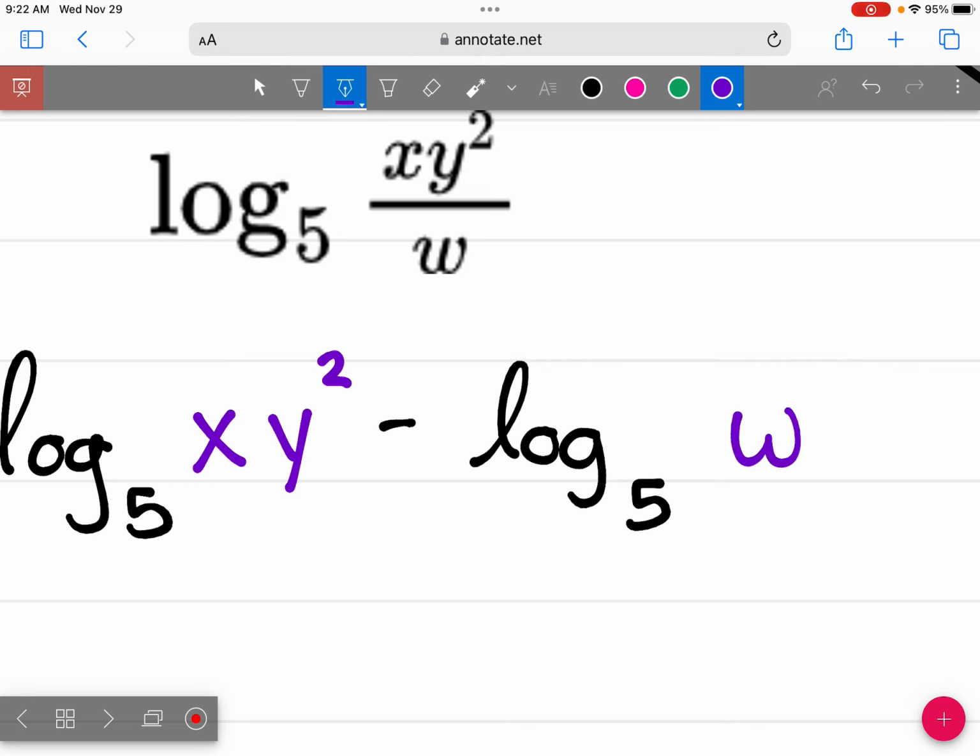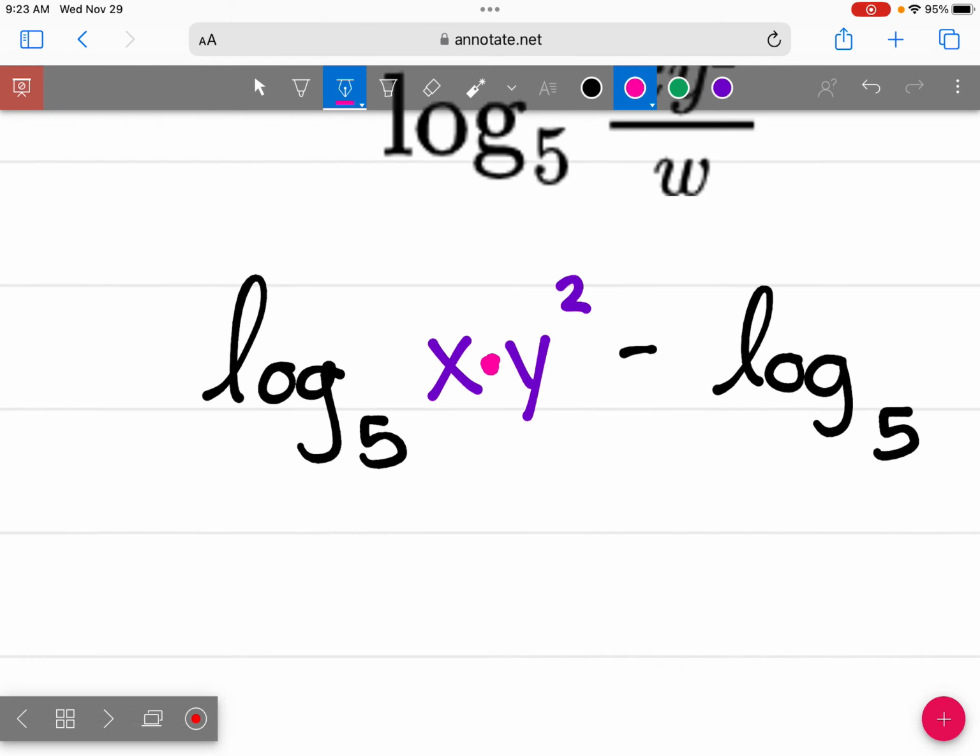What are we going to do next? The multiplication next. Not going to do the power next. We got to do our multiplication first. So I got to separate these two guys because my x is not being squared. Only the y is. So we got to take our multiplication into addition first.